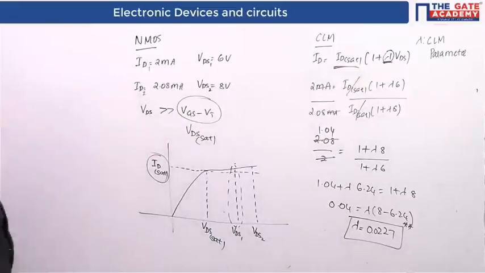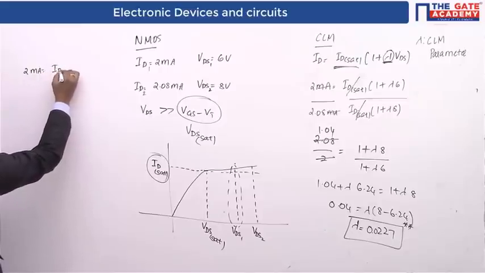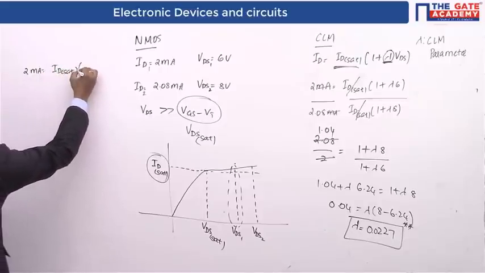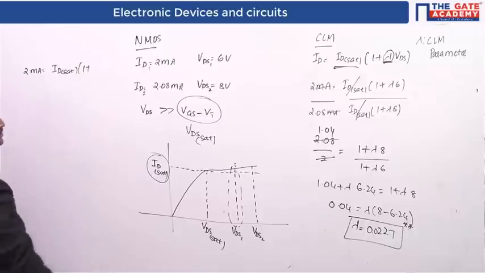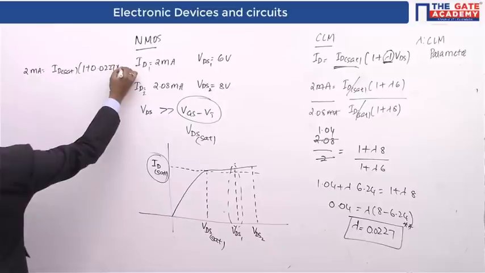We can take the first case. So 2 milliamperes is going to be equal to ID sat multiplied by 1 plus lambda, that is 0.0227 multiplied by 6.